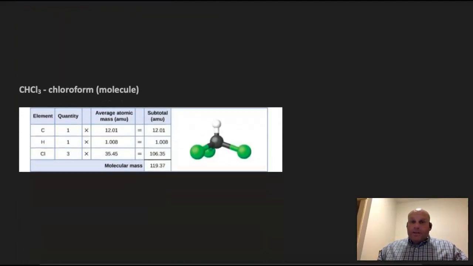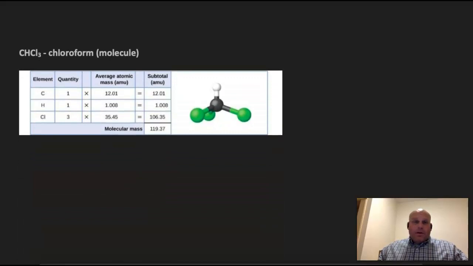So here's our first example, and it is a molecule, so this is the molecular mass that we're calculating here. This molecule, chloroform, has the formula CHCl3, and you can see the breakdown in this table: 1 carbon atom, 1 hydrogen atom, and 3 chlorine atoms.